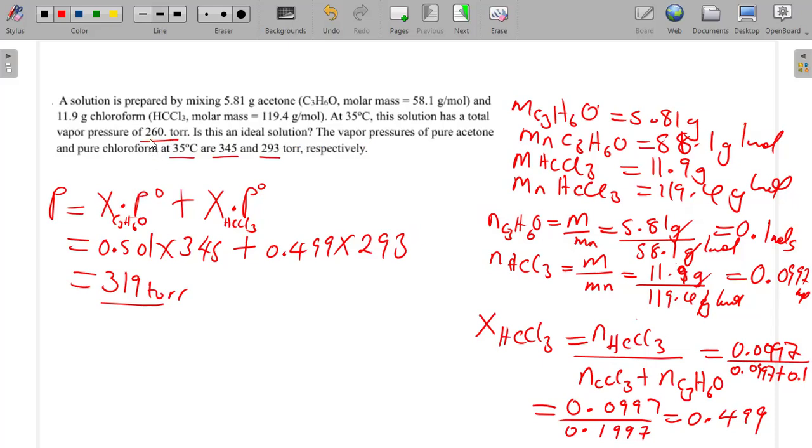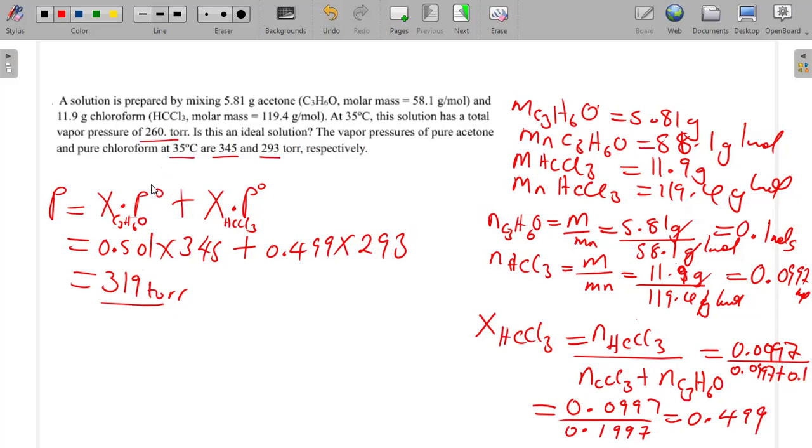Okay, so you notice that if we compare 260, which we are getting in the mixture, this is what we observe. What we are calculating, what we expect, is more than what we are getting, isn't it? So what we are getting is less than what we expect in that case.